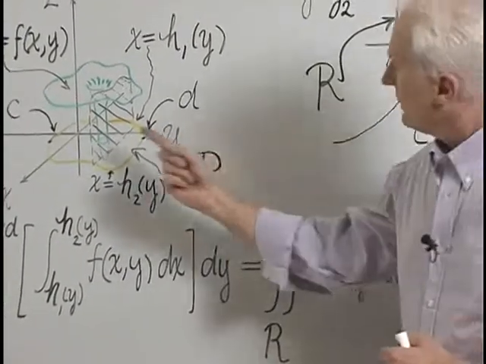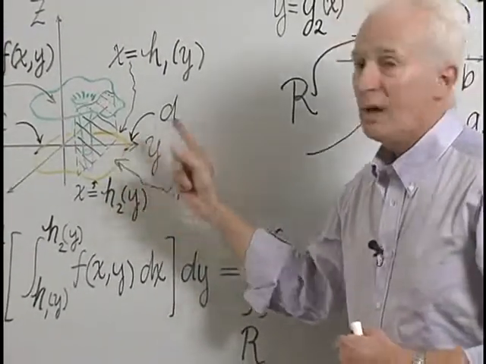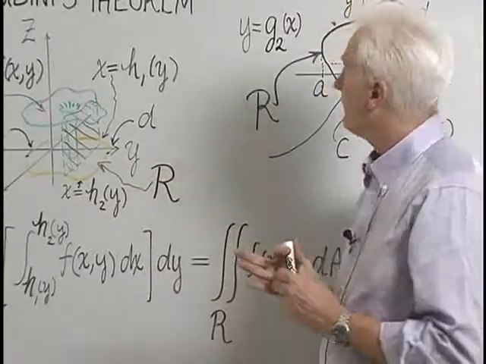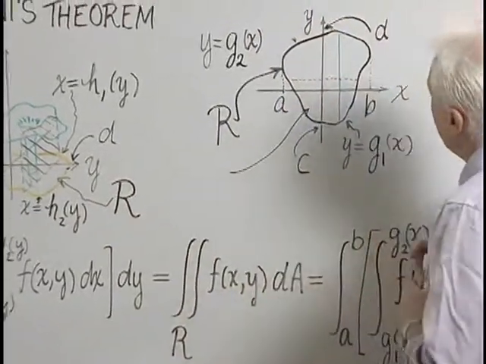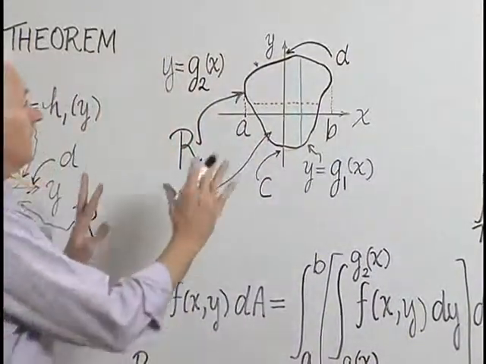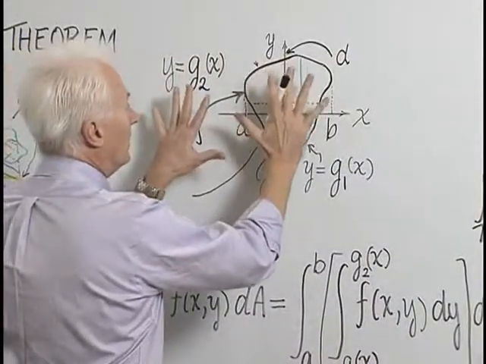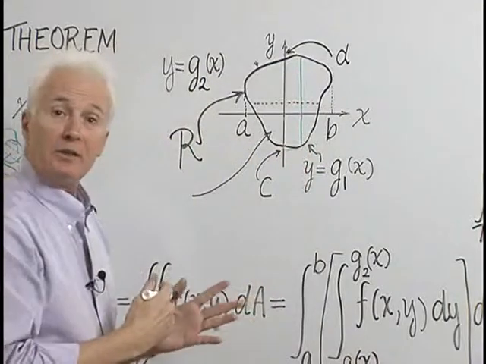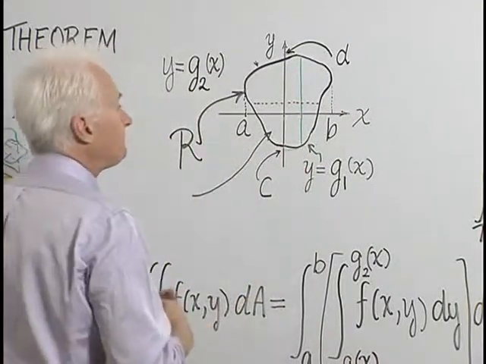Now let's look at this region in the xy plane and concentrate on it for a minute. I'm now going to take this region and put it up here on the board in a way that we're looking right down on the xy plane.